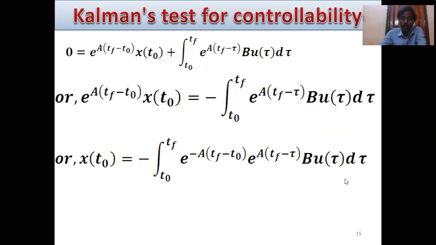Then e^a times e^b: what is the formula?